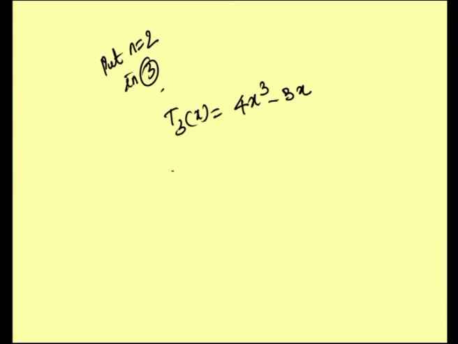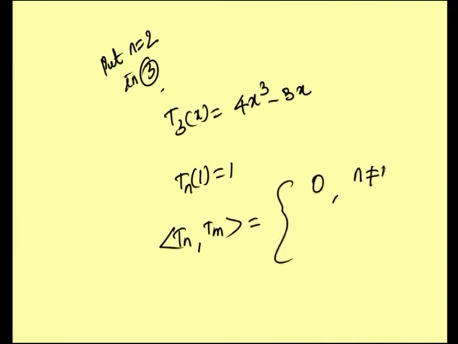So the polynomials satisfy Tn of 1 is equal to 1, and the inner product of Tn and Tm is equal to 0 if n is not equal to m, equals pi if m is equal to n is equal to 0, and equals pi by 2 if n is equal to m is greater than 0. So we have derived the Chebyshev polynomials from Gram-Schmidt orthogonalization process.